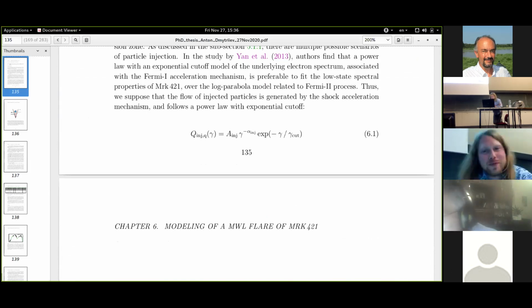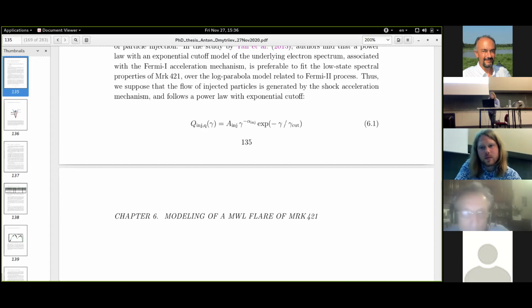But if you look at 6.1, your injection function doesn't depend on the spatial coordinate. It depends on the energetic coordinate. It means in your kinetic equation you inject your particles simultaneously and uniformly inside your bubble. Do you agree, from a mathematical point of view?